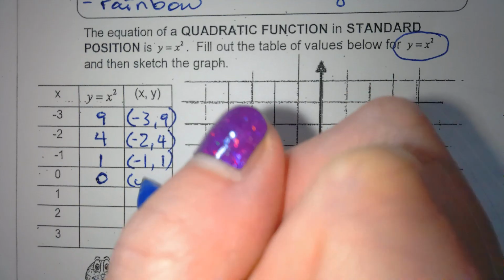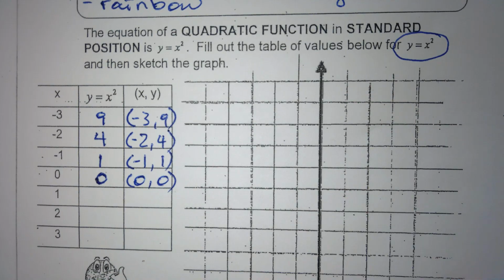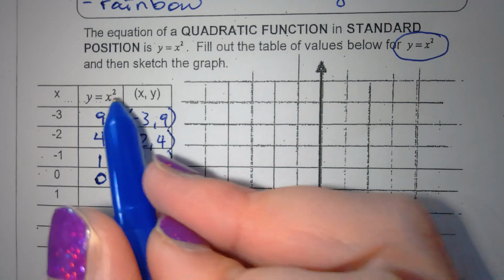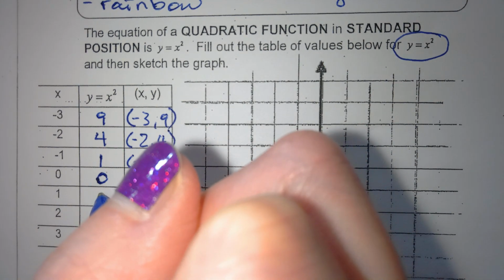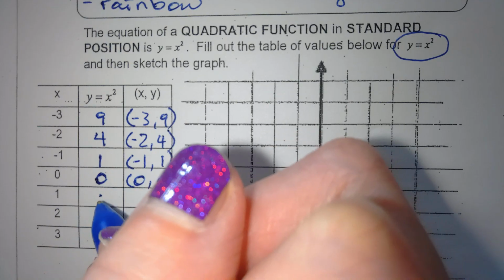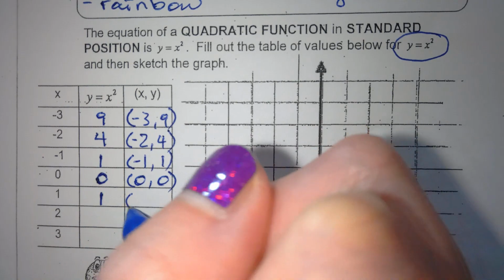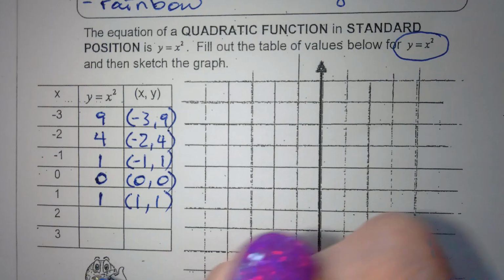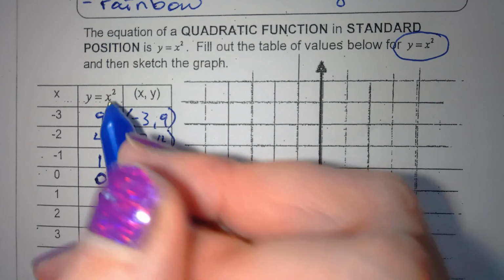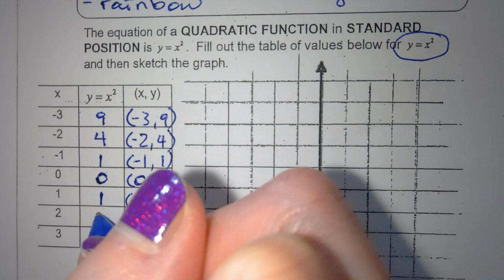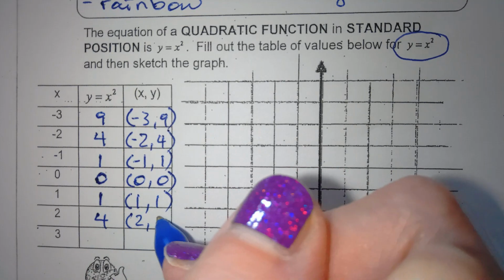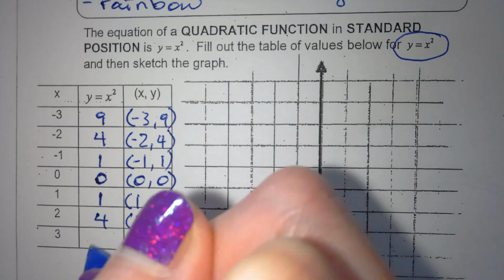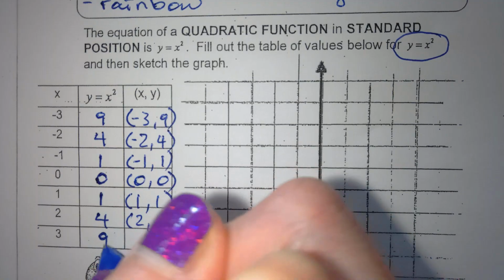Right, so 0, 0. Rashan, 1 squared. 1 times 1. So your coordinate here is 1, 1. Leandro, 2 squared. 4. So 2, 4. And then Jonathan, 3 squared. 9. So 3, 9.